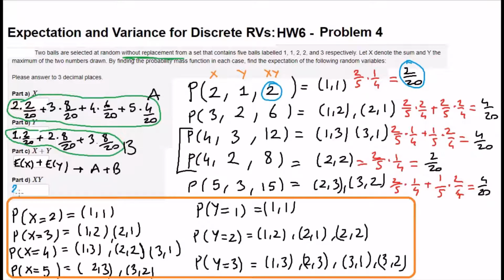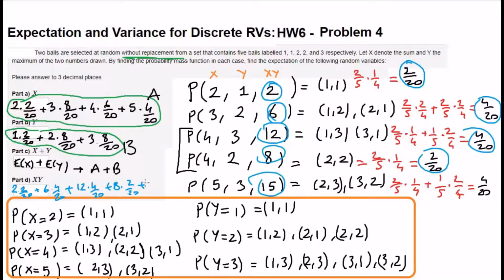So it's going to be 2 times 2/20 plus 6 times 4/20 plus 12 times 4/20 plus 8 times 2/20 plus 15 times 4/20. And this is the answer for expectation of x times y, because these two events are not independent.